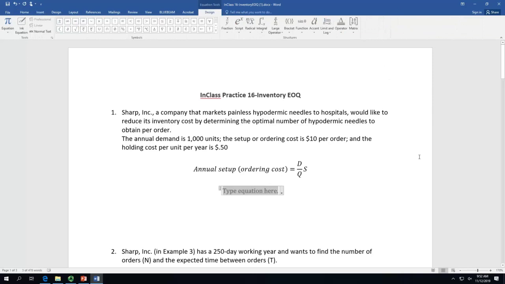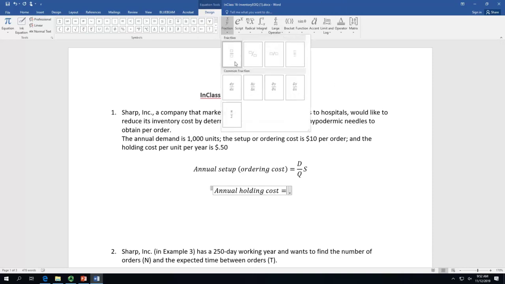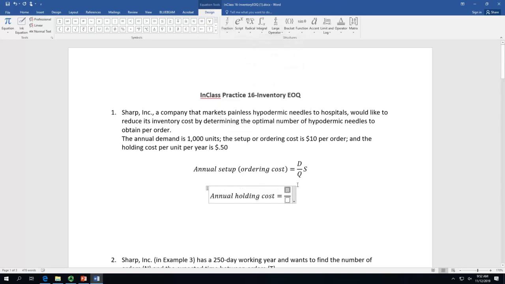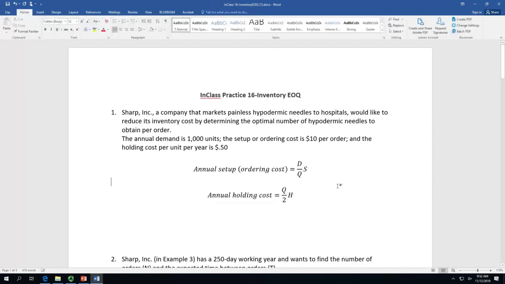This one is the annual holding cost. So holding cost equals the average inventory level, Q divided by 2, and times your H, the holding cost. Now the two must be equal.